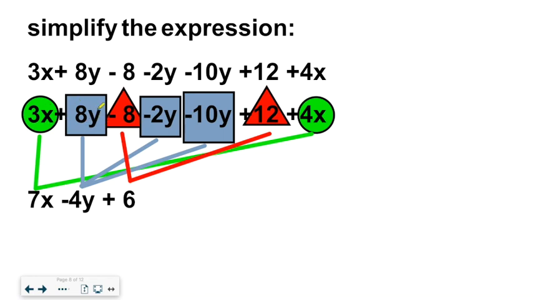Right here they have x, right here they have y, right here they don't have a variable. Since they all have the same variable and power, we can combine them, and also, for example, like here, cancel out. We cancel out this negative 8 with 8 of these 12. And we had 6 left over. Okay?